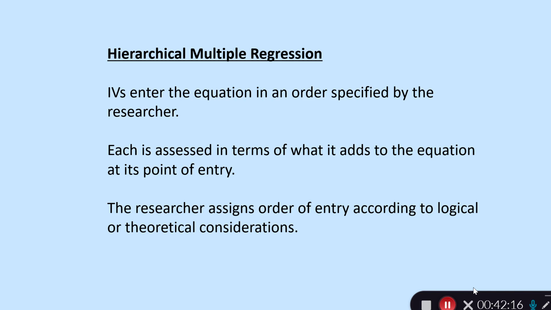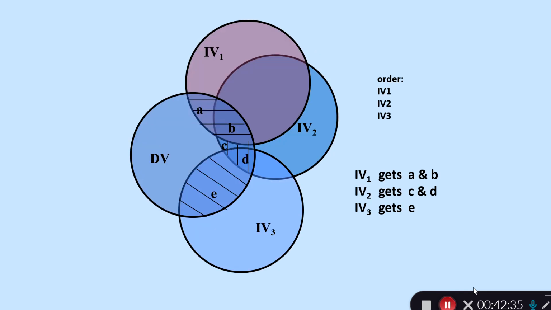So if you know your topic well, and you know that certain variables are meant to be good explanatory variables, you might want to put those in first and then see what other variables contribute beyond those.